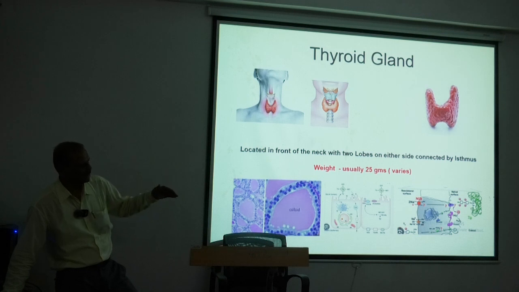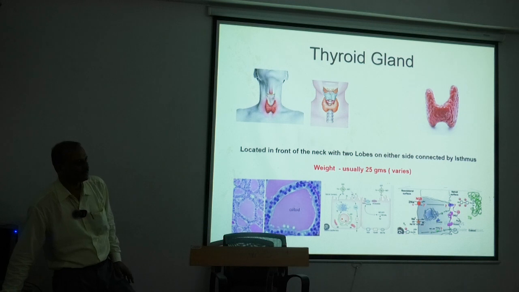At the end of the lecture, I will show you some still photographs of an enlarged thyroid and also a video of how you can see it. Now, if you make a histological section of the thyroid gland, you will find a follicular structure, in which at the central part there is colloid in which the thyroglobulin molecule is available, where the thyroid hormone is synthesized.